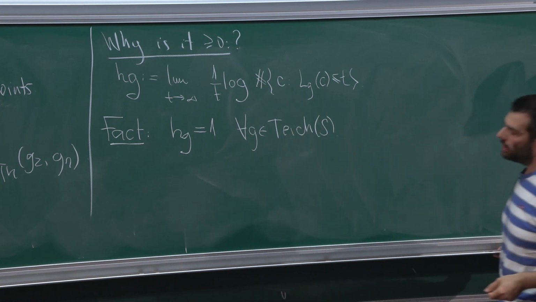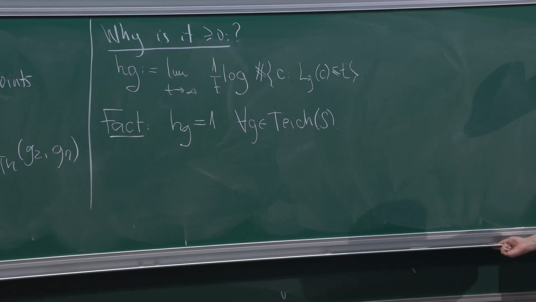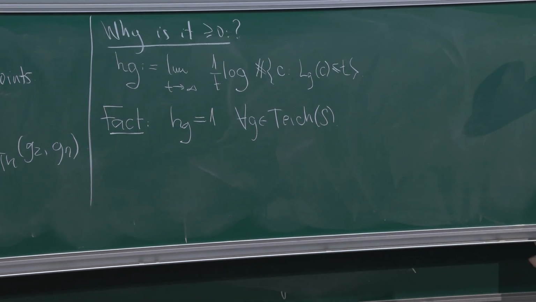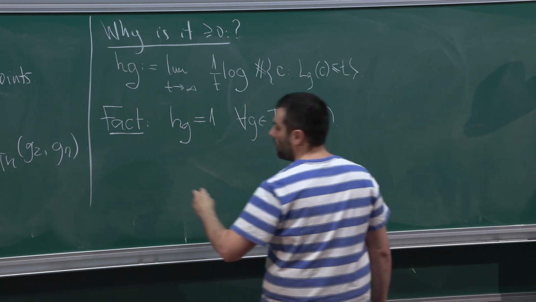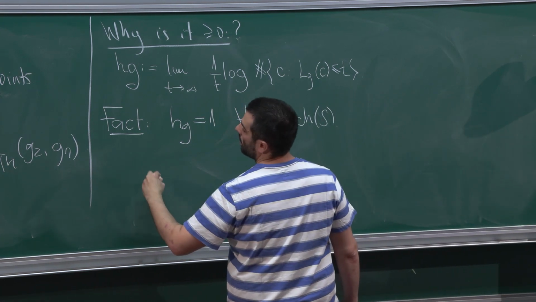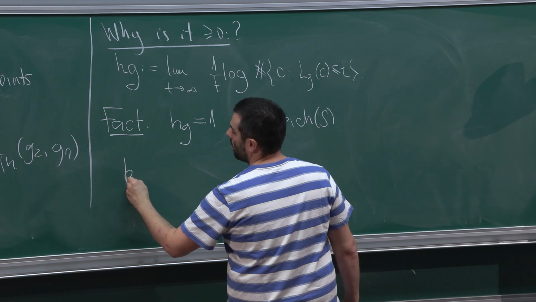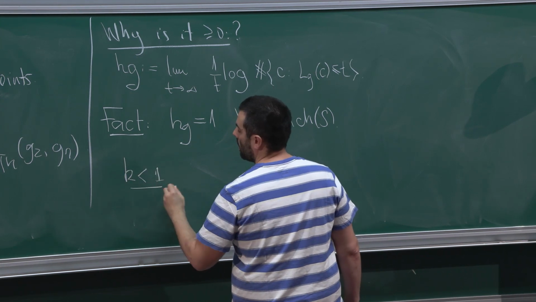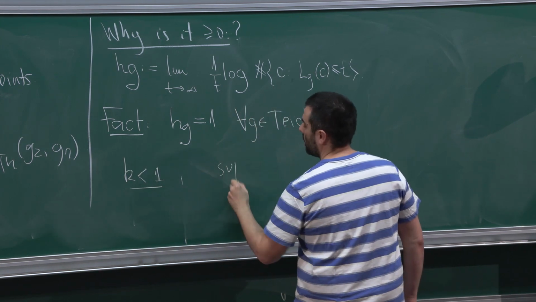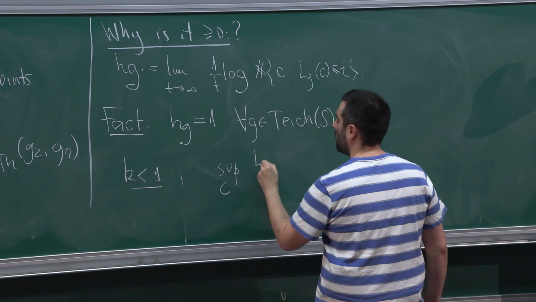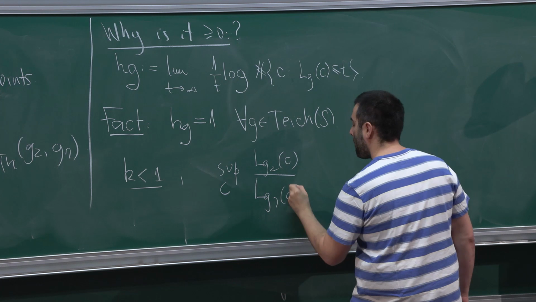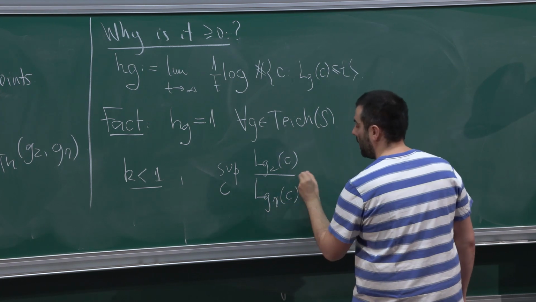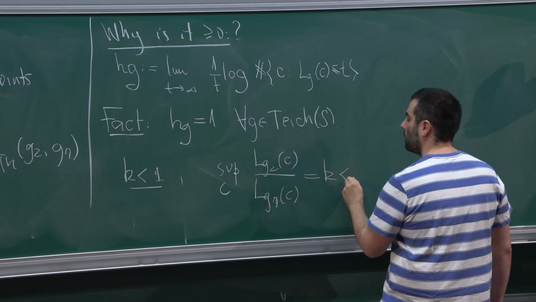You have to prove this, but thanks to it, you can show that the Thurston distance is non-negative. Because if it was negative, it would mean that there is some k less than 1 so that the sup over C of L_G2 of C over L_G1 of C is k, less than 1.